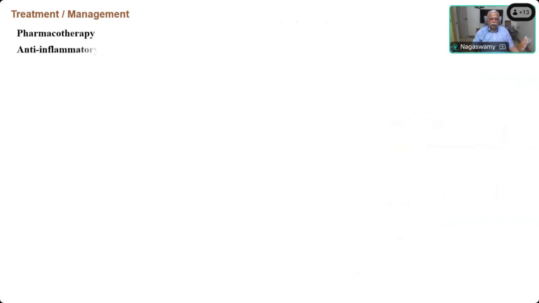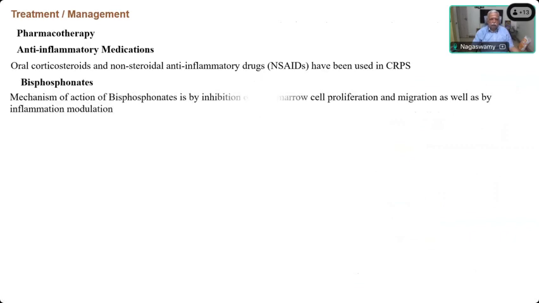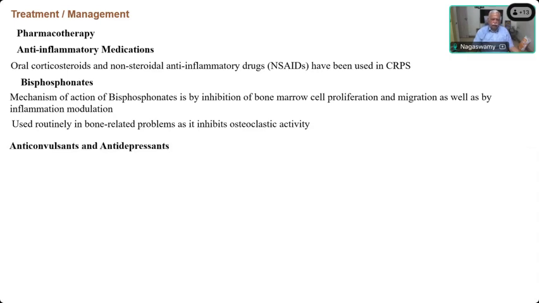Now the treatment. Pharmacotherapy: anti-inflammatory medications, including oral corticosteroids and NSAIDs, have been tried. Bisphosphonates inhibit bone marrow cell proliferation and migration of inflammatory cells, and are routinely used in bone-related problems. They are more useful after a fracture repair or fracture surgery.